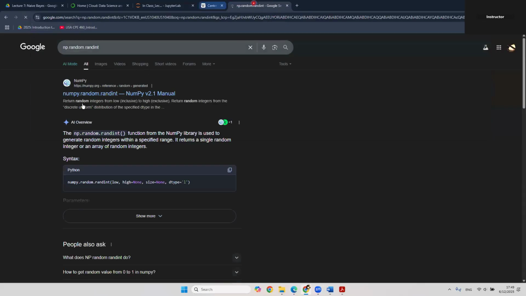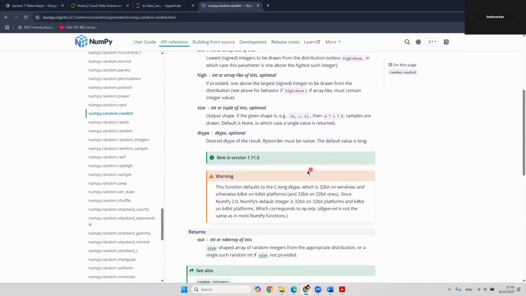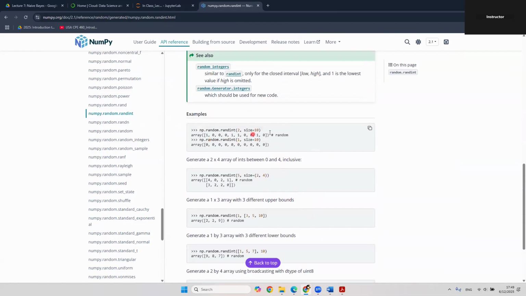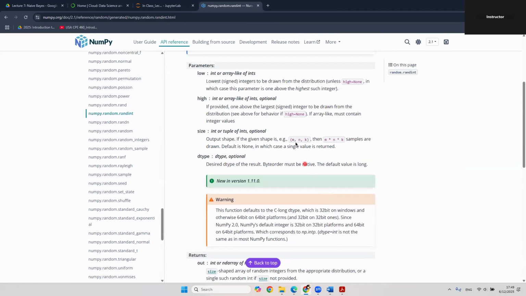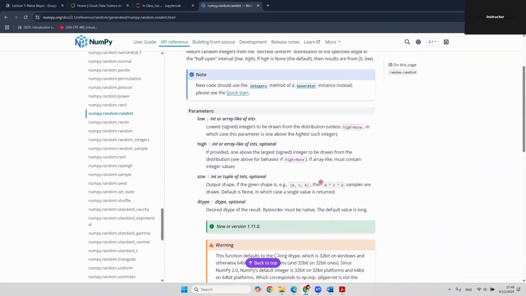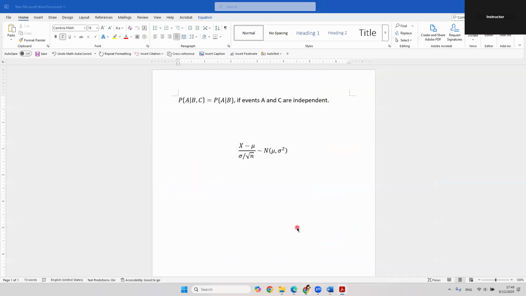It has the documentation here. High equal to None, size equal to None. Let me see here. Yeah, low inclusive, high exclusive. So that's the thing.